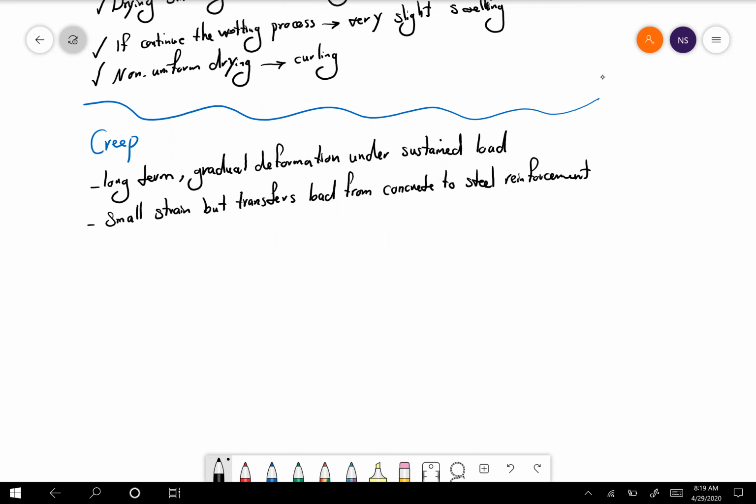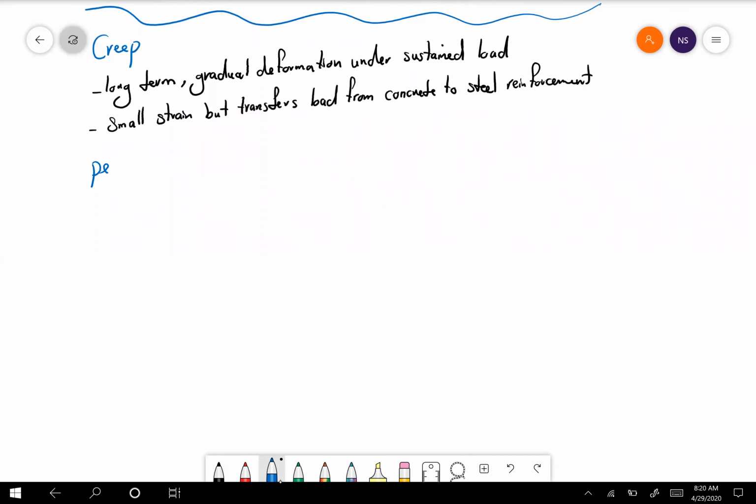And then there are some other properties such as permeability and also the stress-strain relationship that I'm just going to list here. So permeability.